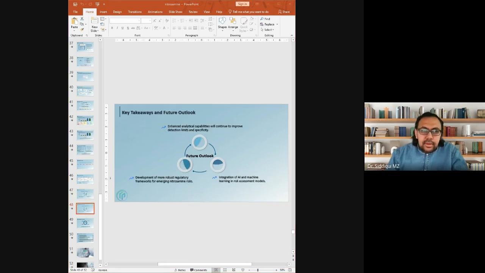Then enhanced analytical capabilities will continue to improve the detection limits and specificity. There are so many hyphenated techniques nowadays. LC-MS is the highest with relatively higher specificity and selectivity. Then development of more robust regulatory frameworks for emerging nitrosamine risk. And as we are in the world of AI, the integration of AI or machine learning tools can improve the risk assessment models.